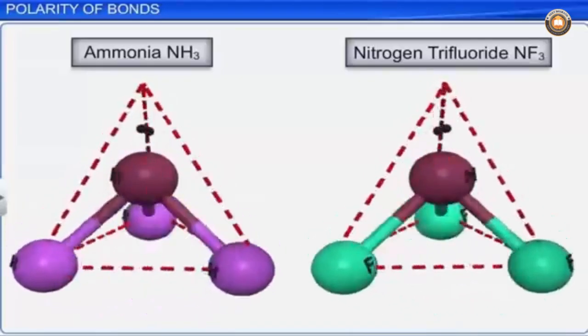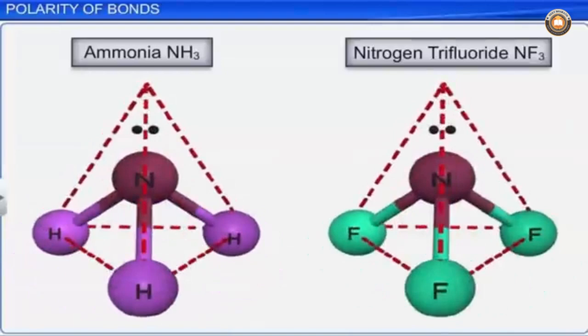It is really interesting to know that different molecules with the same geometry or shape may have different dipole moments. Let us consider ammonia and nitrogen trifluoride molecules. Both of them have pyramidal shapes with a lone pair of electrons on each nitrogen atom.